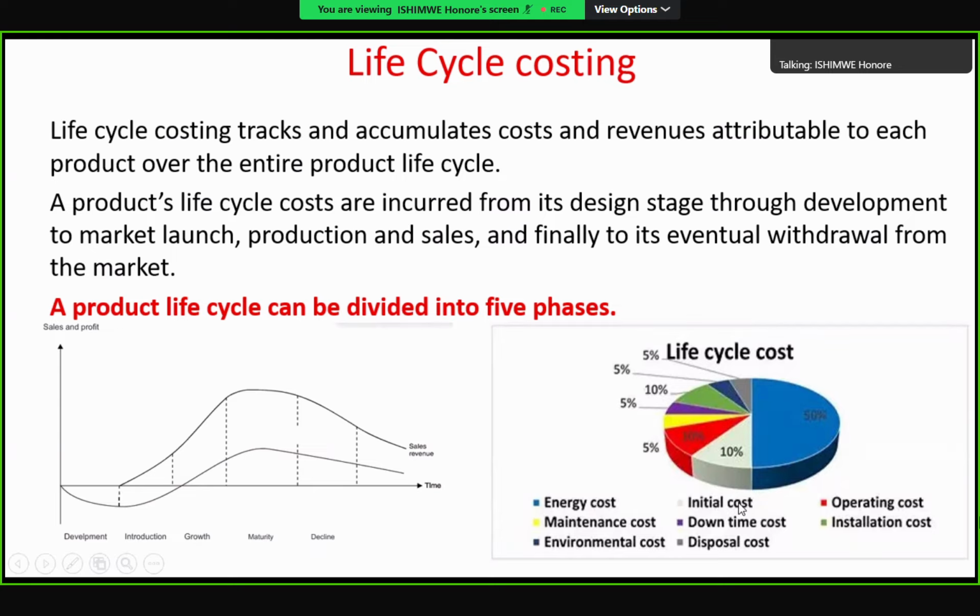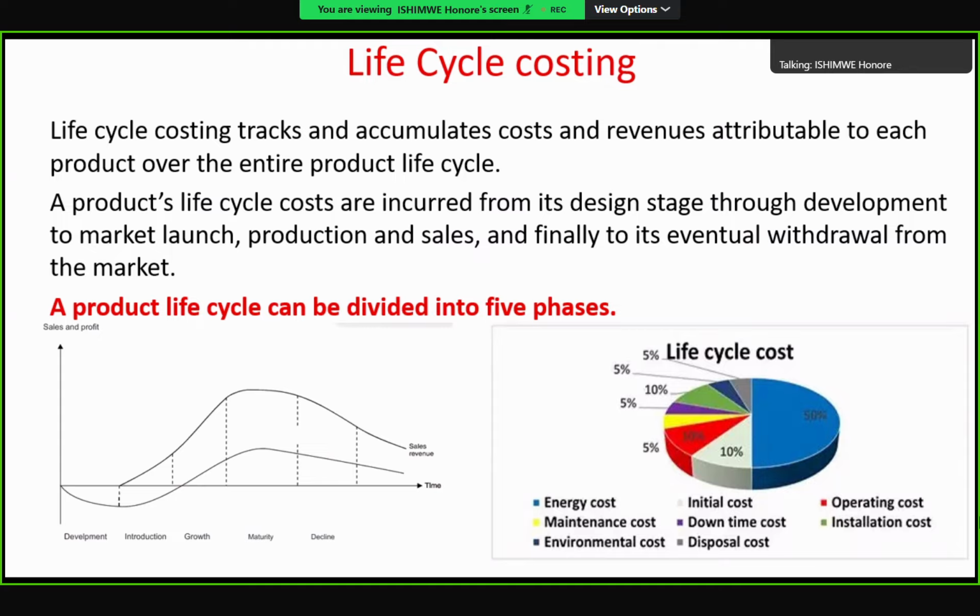Then initial cost, when you first put your product on the market, you can advertise whatever. These comprise initial cost, downtime cost, disposal cost, operating cost, installation cost. All of these are costs, and these are examples of the percentages they take. These are life cycle costs. All of these costs, we add and accumulate them, then we can determine our cost through the life cycle.